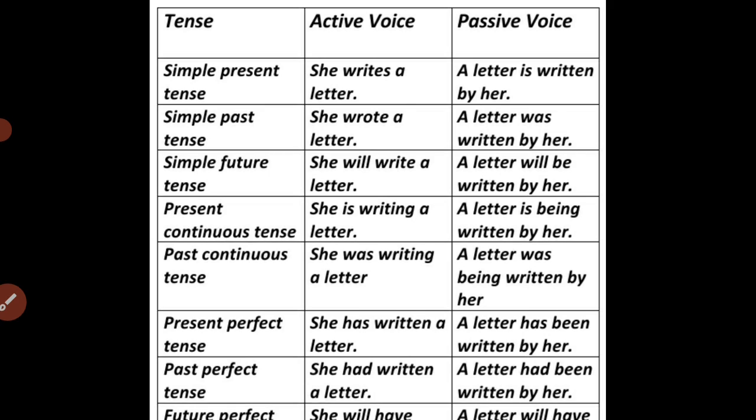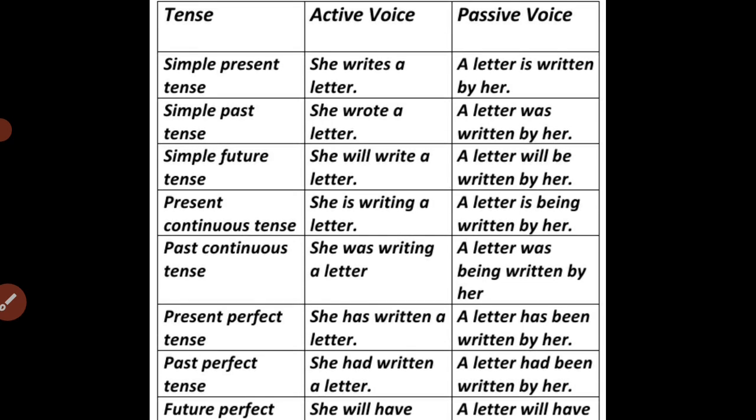Present continuous tense, whenever we have ing in the active voice, we use being in place of the ing along with the auxiliary. She is writing a letter, a letter is being written by her. She was writing a letter, a letter was being written by her. She has written a letter, a letter has been written by her.